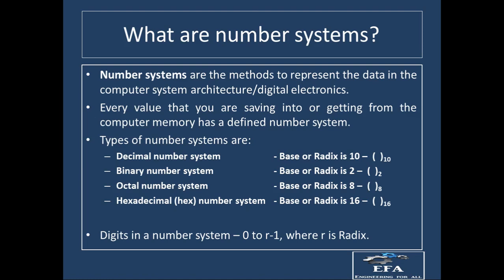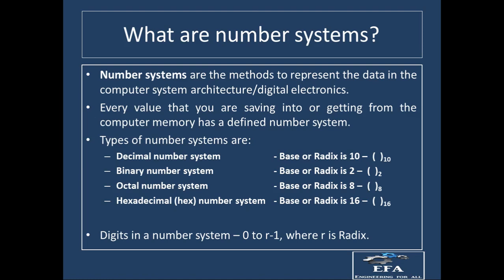Whenever we have any type of data that has to be given to the system or utilized by anyone, that is represented in one form or another of the numbers. So every value that you are saving into or getting from the computer memory has a defined number system.